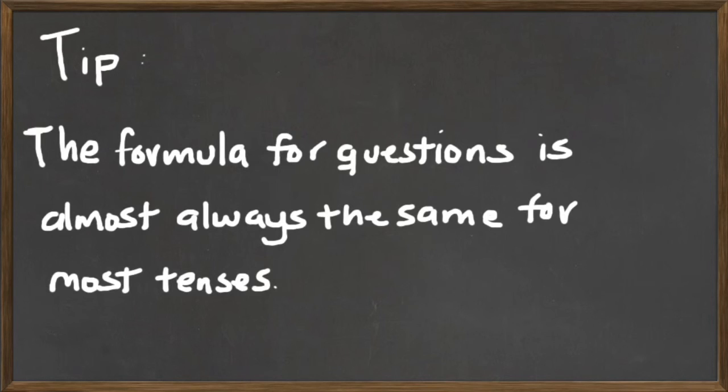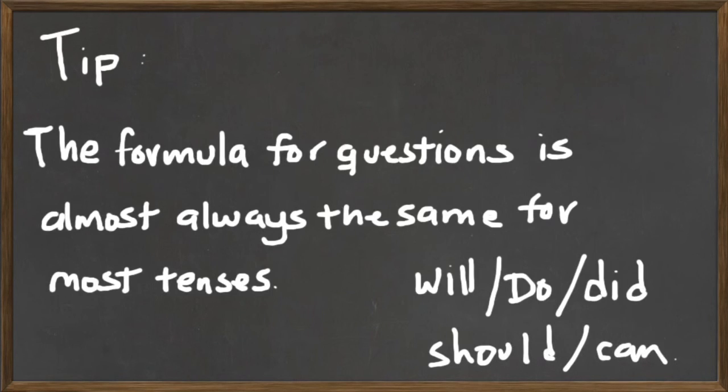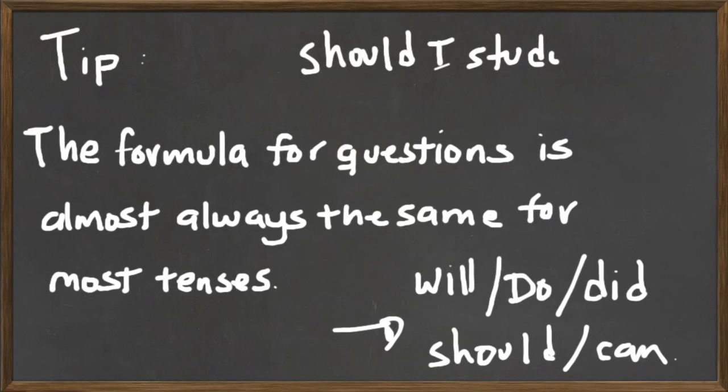Okay, one tip before we finish. The formula for questions is almost always the same for most tenses. Whenever you use will, whenever you use do, whenever you use did, whenever you use should and can, mostly the formula is followed the same way. Let me give you an example. Should I study more?